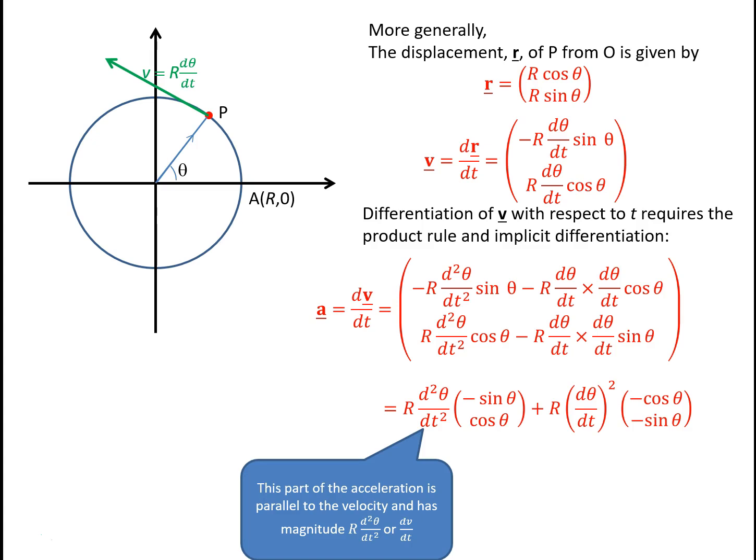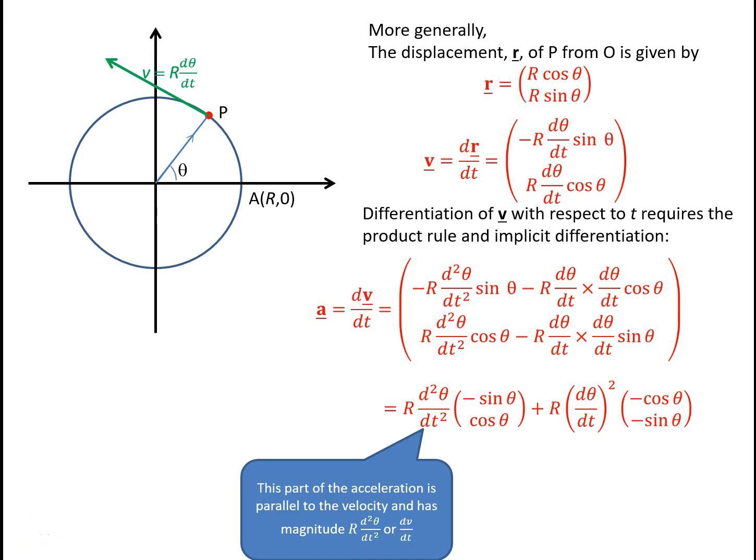So the left hand part has got a magnitude of r times d²θ/dt², and it is in a direction which is the same as the direction of the velocity, i.e. it's tangential.